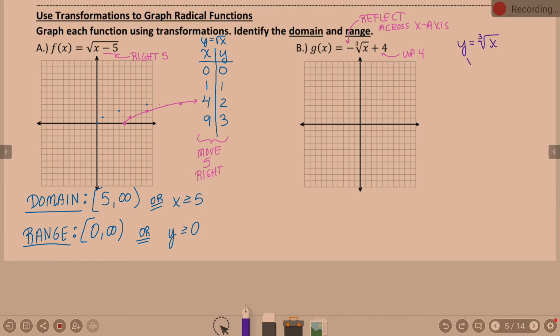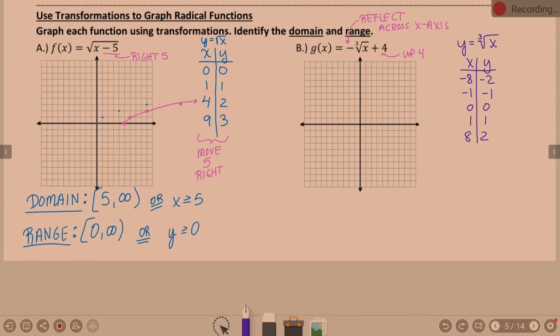And my cube root values, and it's not that you have to write these down, I'm just trying to make sure you guys see them. -8, -2, -1, -1, 0, 0, 1, 1, 8, 2. Now, how many points do you want to put on your graph? That's a personal question. Be careful how messy this gets.